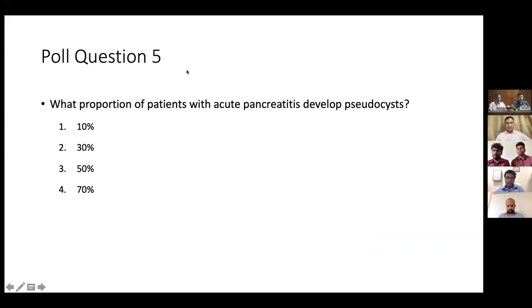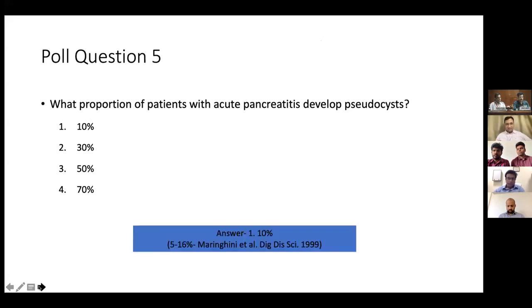Okay, so the majority, 57%, answered 10%, and 41% felt it was 30%. So the correct answer is 10%. It's in the range of 5 to 16%. It's an old study, but even the studies that have come since, even a meta-analysis, said it was 10%.